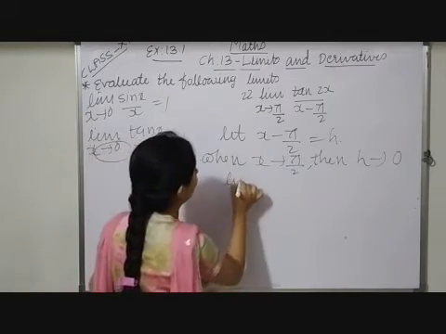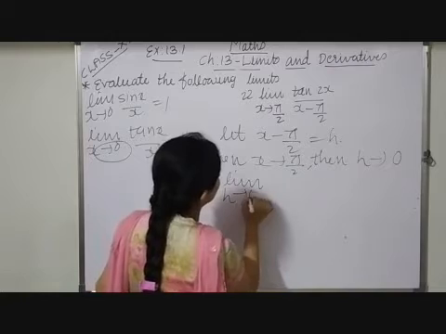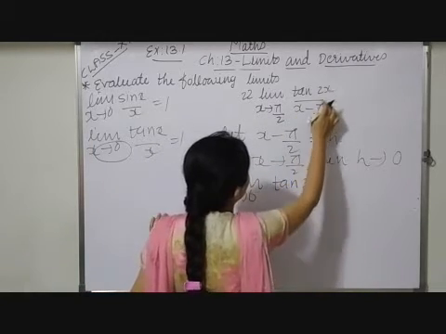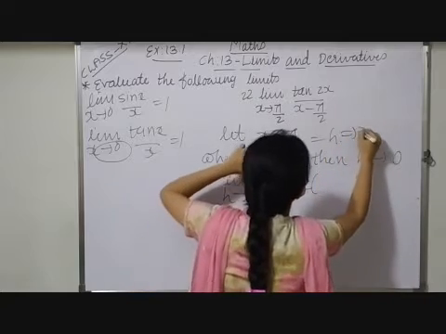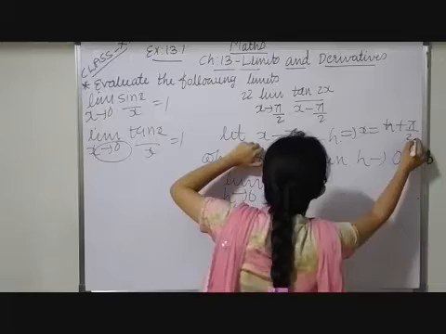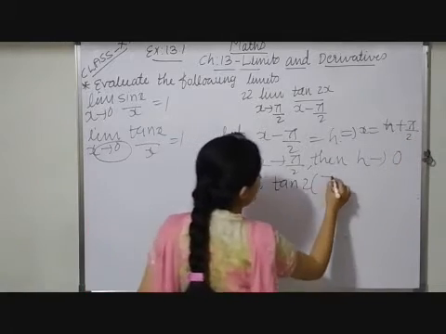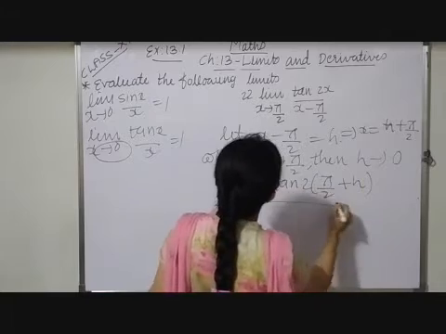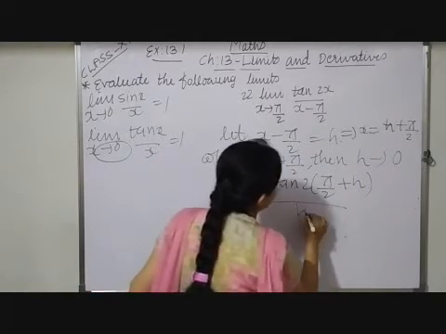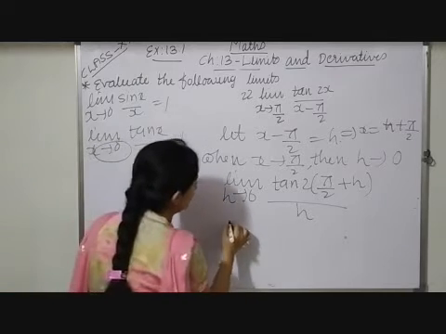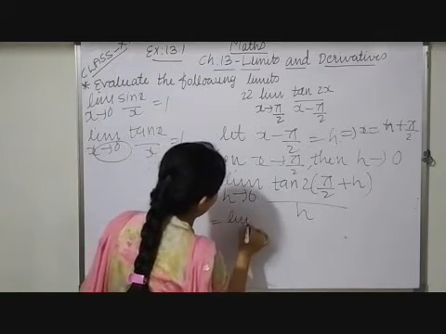So here you will get limit h tends to 0 of tan 2 in a bracket, in place of x we get h plus pi by 2, or pi by 2 plus h, divided by x minus pi by 2, that is h only.